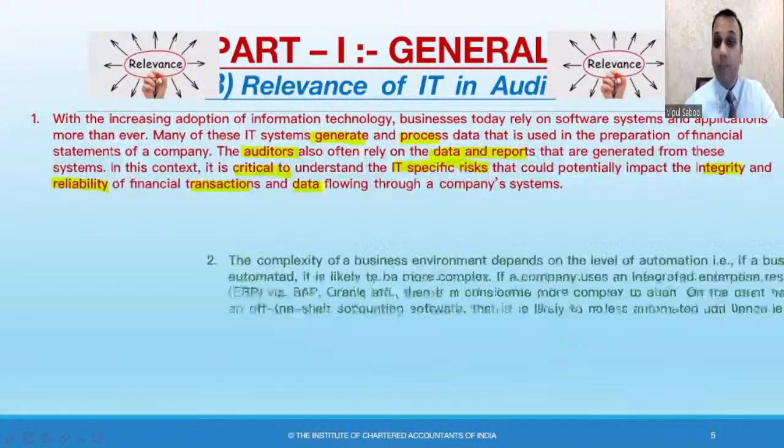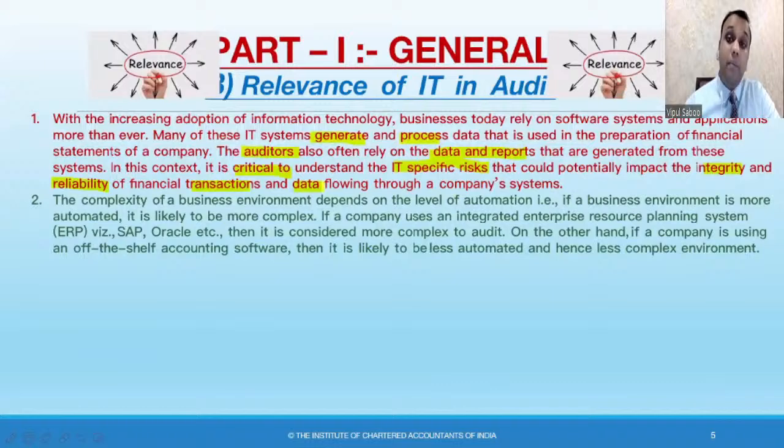So the next part, the complexity of a business environment depends on the level of automation. Very important. Higher the level of automation, higher the complex environment. If a business environment is more automated, it is found to be more complex.